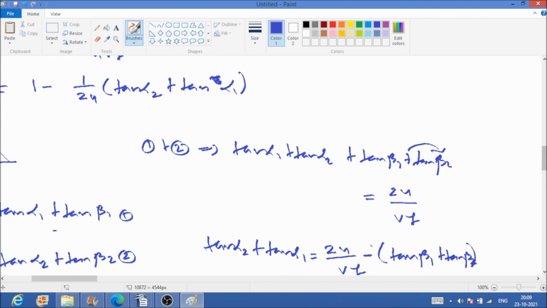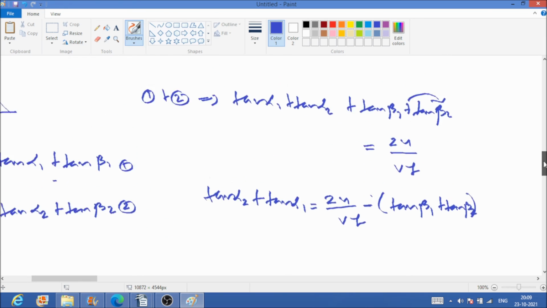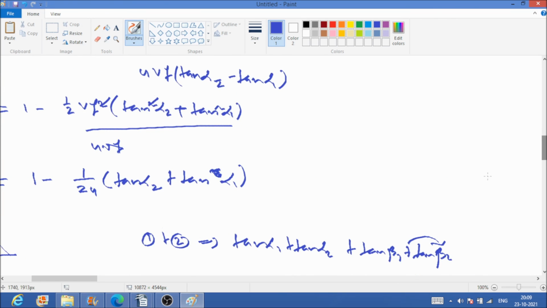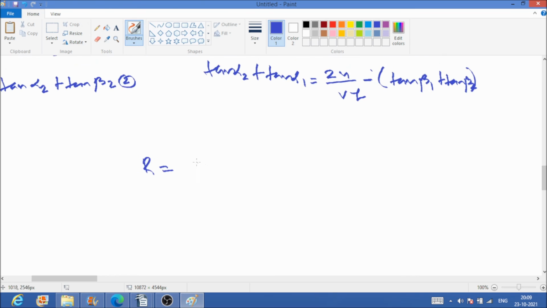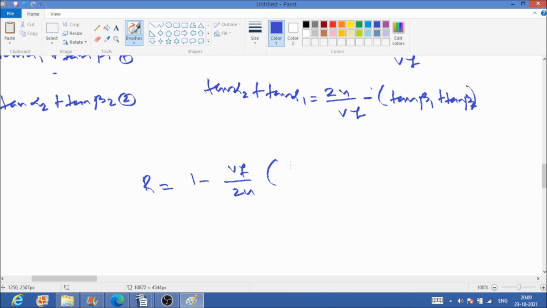Now see, I have the expression R is equal to 1 by 2u, not 1 by 2u, I have this Vf also here, Vf by 2u. So 1 minus Vf by 2u, and in the bracket tan alpha 2 plus tan alpha 1, in the bracket 2u by Vf minus of tan beta 1 plus tan beta 2.